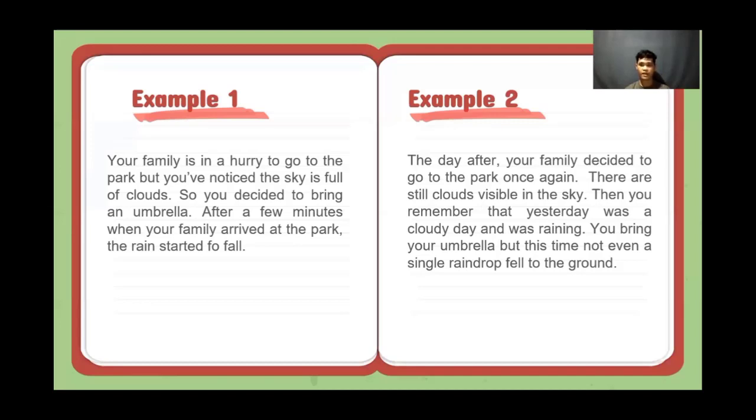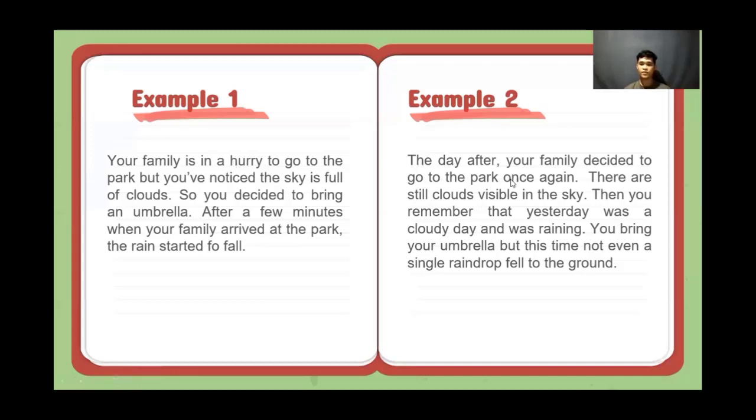You derive that decision because of your intuition that it is going to rain. Then that is what we call heuristic problem solving. You made a very quick decision based on the rule of thumb. In the first example, your decision to bring an umbrella is the right decision. No errors found in your decision.